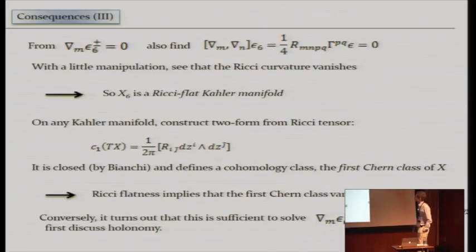And by the second Bianchi identity, this thing will be closed. Therefore, it defines a cohomology class. And this cohomology class is what we often call the first Chern class. The first Chern class is usually defined in a slightly different way, but it turns out to be equivalent to this.